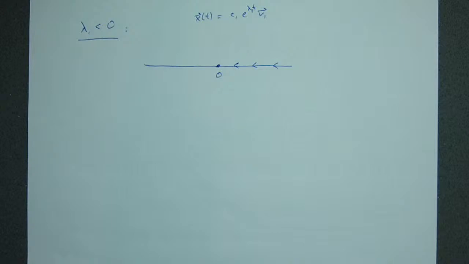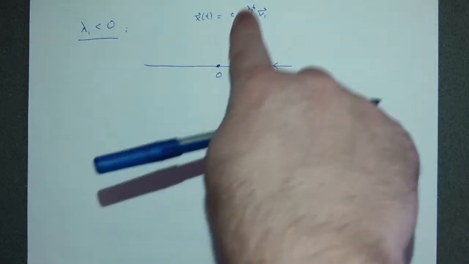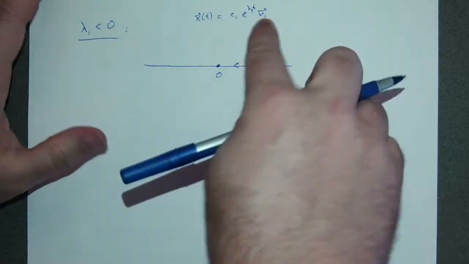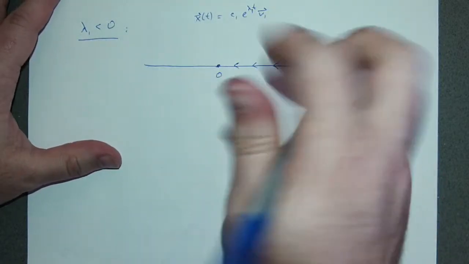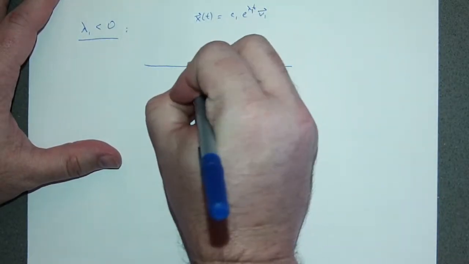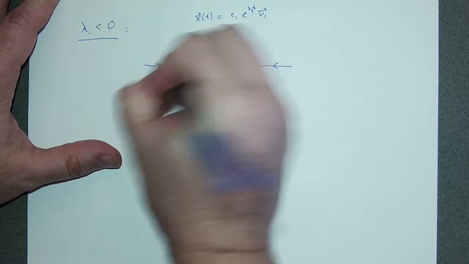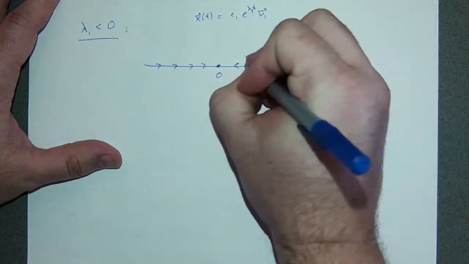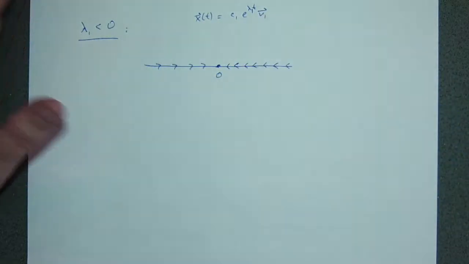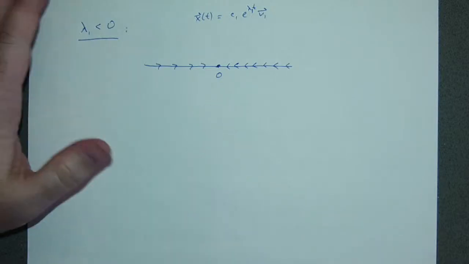What about in the other case when t is negative? Well, when t is negative, I'm moving in the opposite direction, which also moves me towards the origin. And so this is what I end up with. Again, this is actually 3 different trajectories.